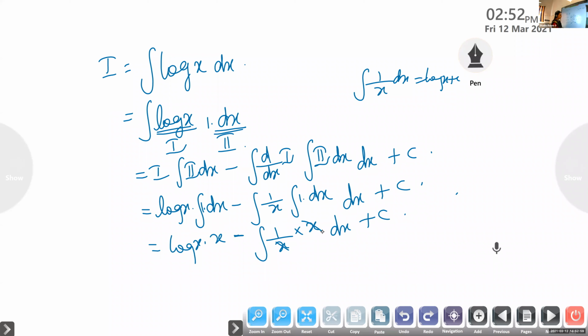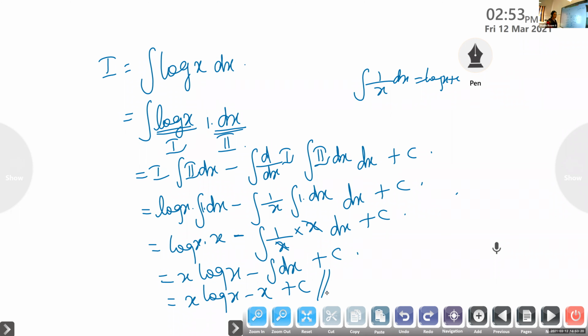Now x will get cancelled. So we will get x log x minus integral of dx plus c. That is x log x minus x plus c.